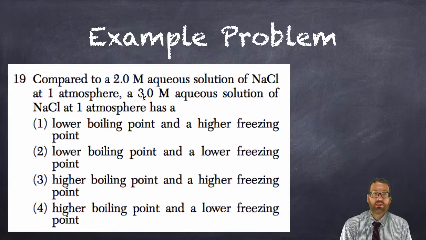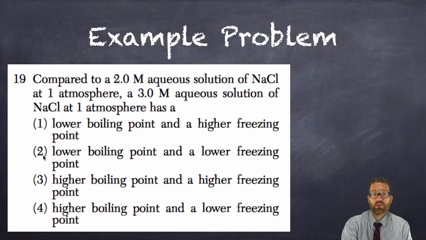So let's look at our choices here. Does the 3 molar aqueous solution of salt at 1 atmosphere have a lower boiling point and a higher freezing point? Does it have a lower boiling point and a lower freezing point? Does it have a higher boiling point and a higher freezing point, or a higher boiling point and a lower freezing point?